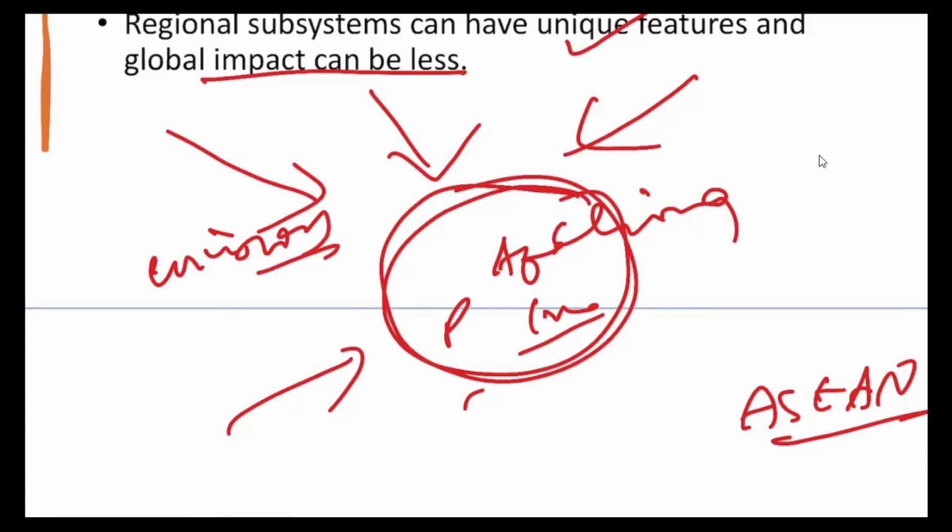Okay. But what are you doing in this process? You are looking at historical aspects and you make generalizations and use those generalizations to study any subsystem.